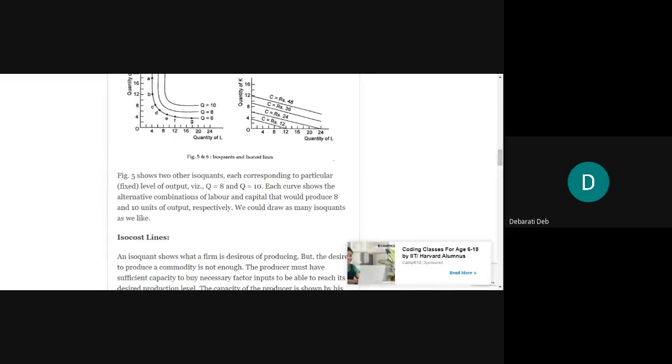No one understood. In consumer behavior theory, we have come across the term indifference curve and budget line. Now in production theory, we will know them as isoquant and isocost line. Yes, very good.